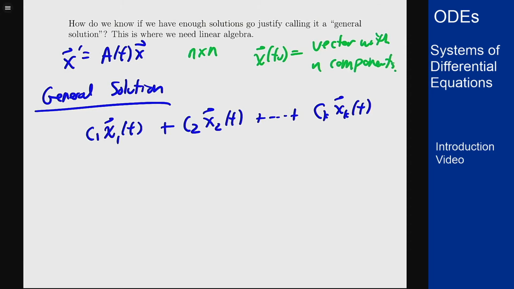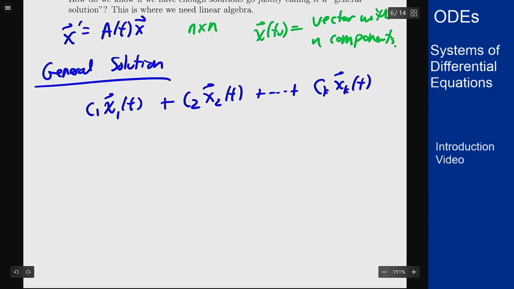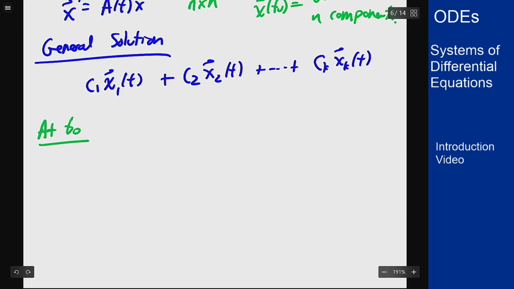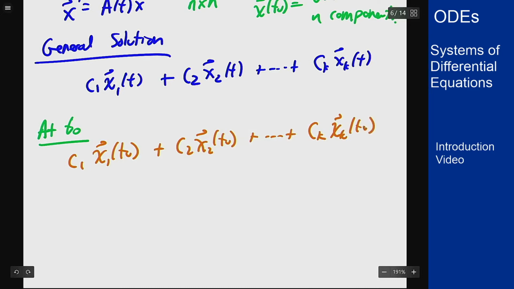How do I know if I can meet every initial condition? Well, let me plug t0 into this general solution and see what I get. At t0, I end up with c1 times x1 at t0 plus c2 x2 at t0 and so on up to ck xk at t0. When I'm plugging in a number, all of these are just vectors.